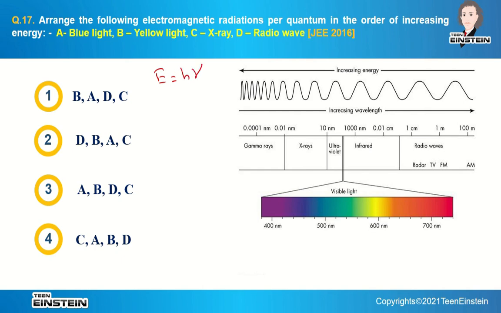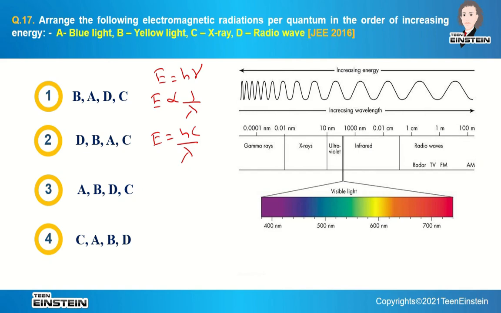When the frequency increases, the energy also increases, but energy is inversely proportional to the wavelength, because E equals hc by lambda, because ν is c by lambda. That's why radio waves have a larger wavelength in comparison with gamma rays, but gamma rays have a higher energy in comparison with radio waves.